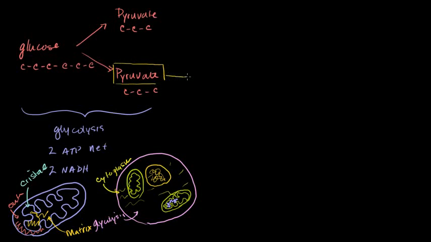So we have this preparation step for the Krebs cycle. We call that pyruvate oxidation. Essentially what it does is it cleaves one of these carbons off of the pyruvate, and so you end up with a 2-carbon compound. You don't have just 2 carbons, but its backbone of carbons is just 2 carbons, called acetyl-CoA.